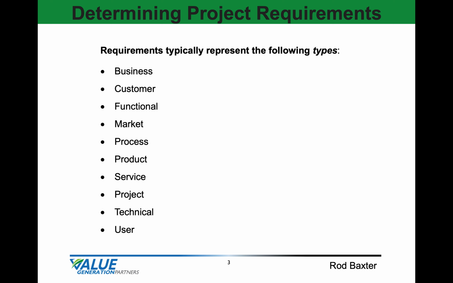Process requirements are specific to the process design, while product requirements are specific to product features and characteristics, and project requirements are constraints to the project, such as scope, schedule, and budget. Service requirements are specific to the service features and characteristics, and technical requirements are design requirements for the process, product, or service. And finally, user requirements are specific to the needs of the user.